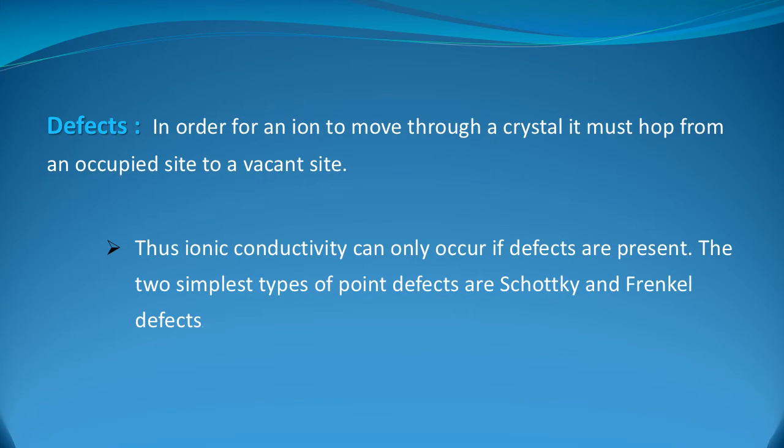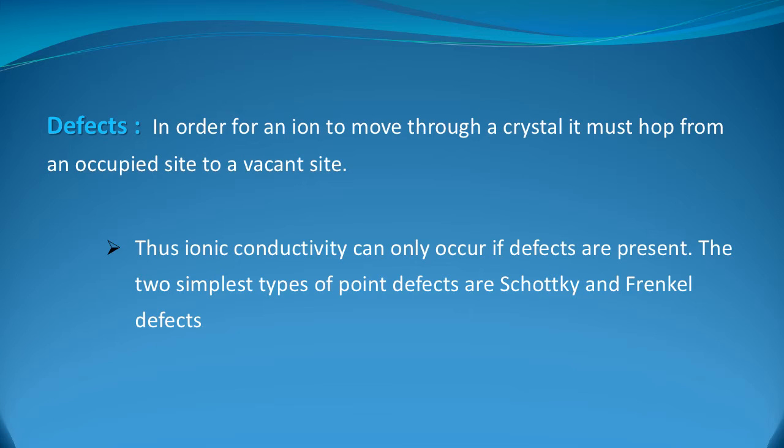Here defects play a major role in the conduction of ions, as we already discussed the defects and their types in our previous video. It means that when an ion shifts from an occupied site to a vacant site, this transition of ions from its lattice point leads to the conduction of ions.